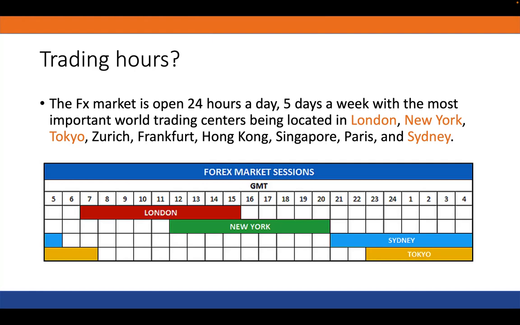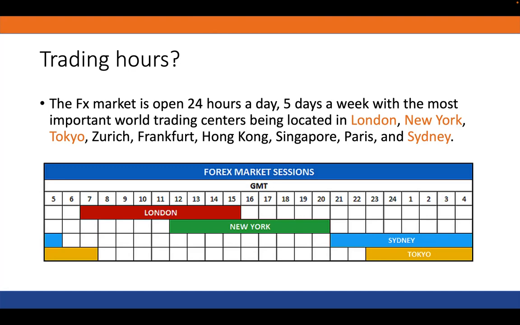When the market is open, it normally trades within specific trading hours. The World Trading Centers are located in London, New York, Tokyo, Zurich, Frankfurt, Hong Kong, Singapore, Paris, and Sydney.